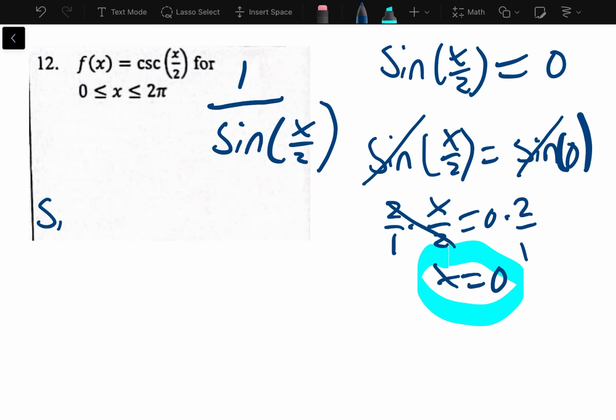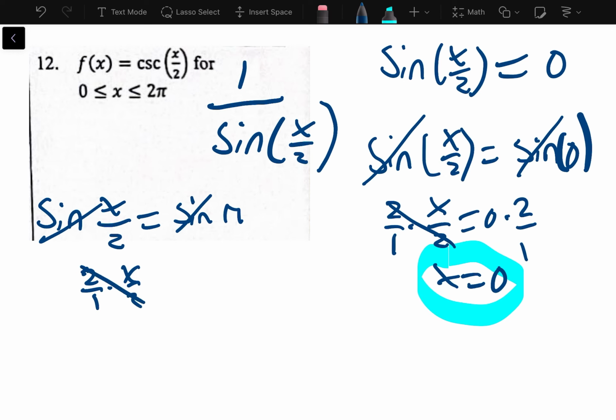So x over 2 is equal to pi. Multiply by 2 over 1 to get rid of that 2, so x is equal to 2 pi.